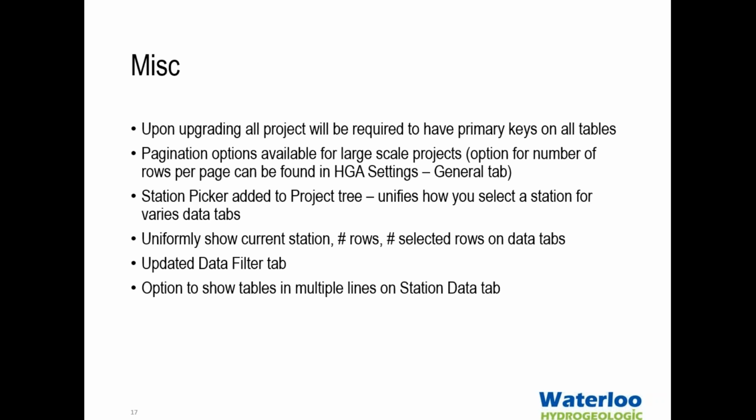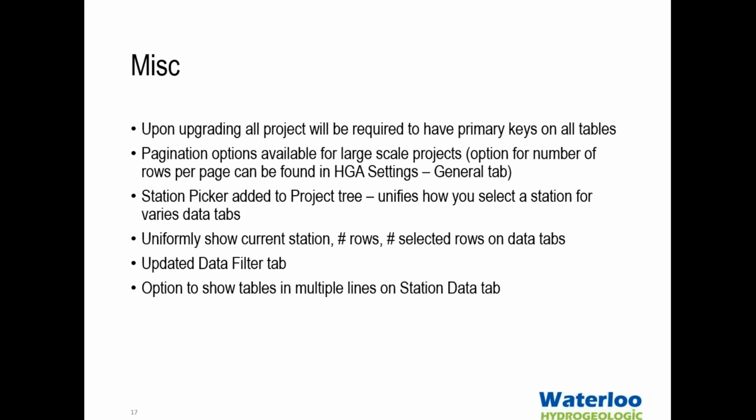Some miscellaneous items that I wanted to go through just so that you are aware of what to expect when you upgrade your projects. When you upgrade a project, essentially just by opening it in HGA 2016, it will do a check on all of your user tables to ensure that you have a primary key on all of them. What we found was in the past we didn't require this, and this did cause some issues for certain projects, essentially because it was causing difficulties recognizing which record you were wanting to update or delete.